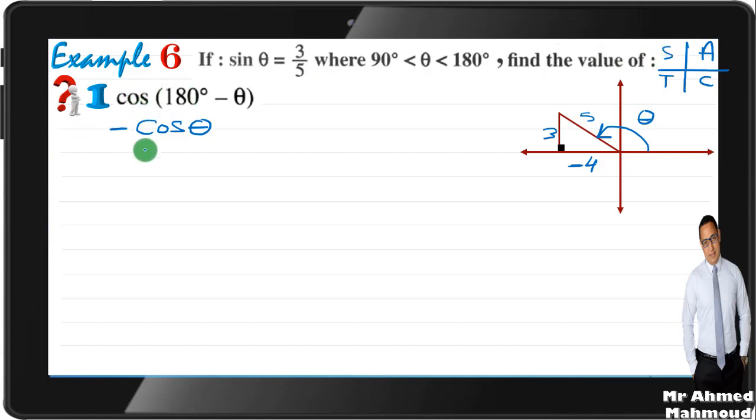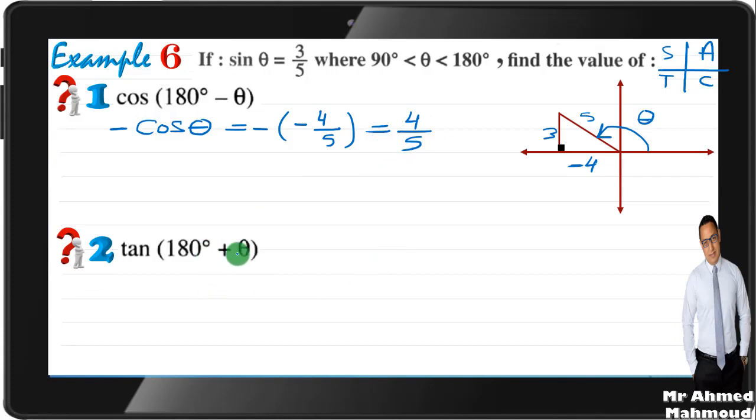So I will put a negative sign here. Back to the graph, cosine equals adjacent over hypotenuse, negative 4 over 5. So negative of negative 4 over 5 will be 4 over 5.